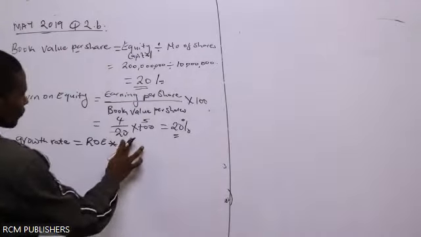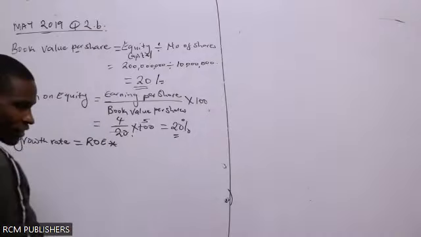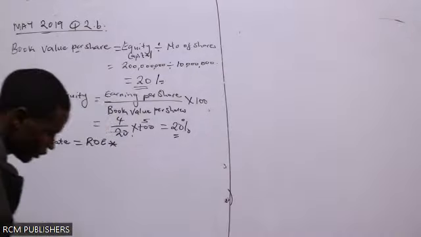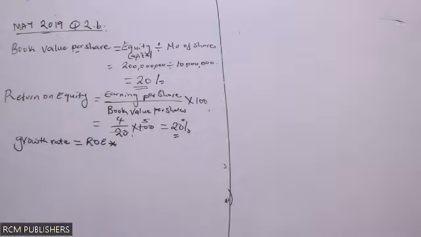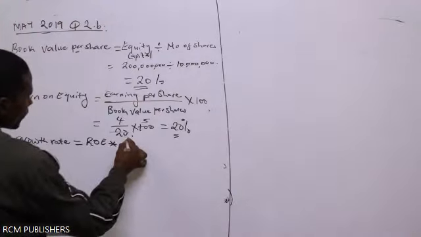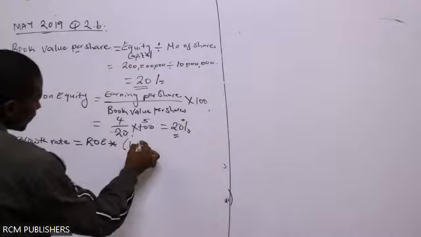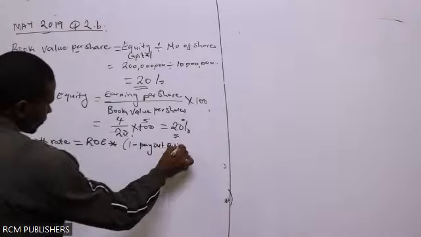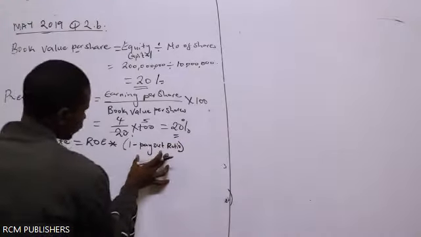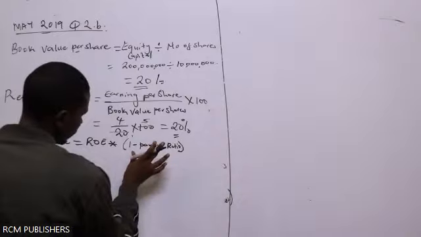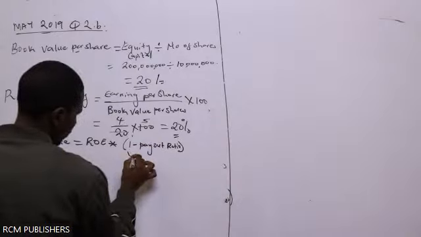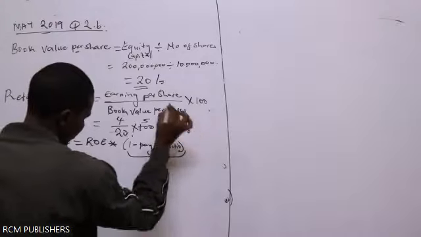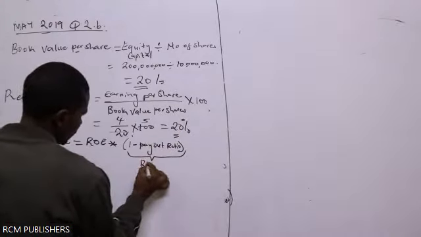To get the retention ratio, you take 1 minus the payout ratio, so that you multiply by that. This is very important. This 1 minus payout ratio is what we call the retention ratio.